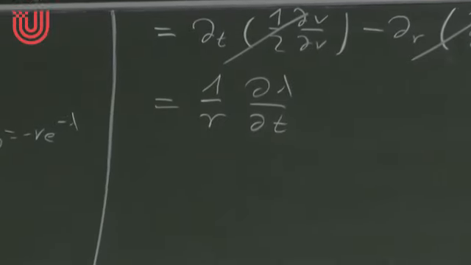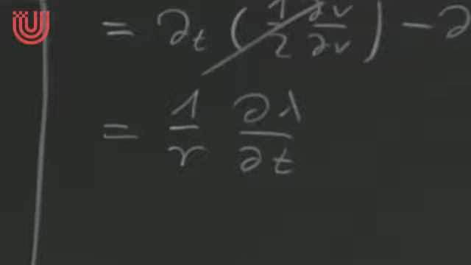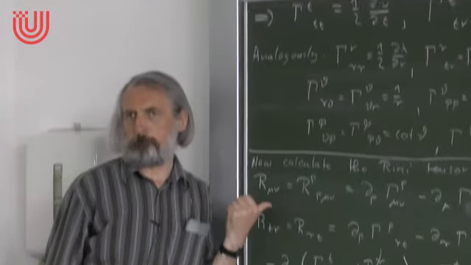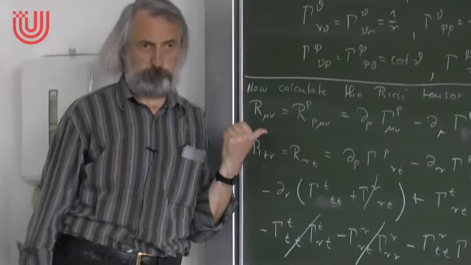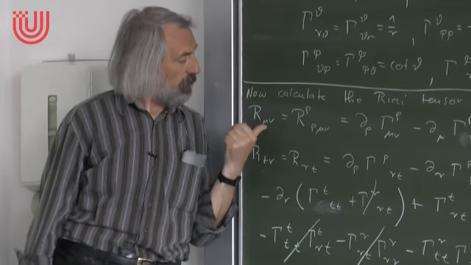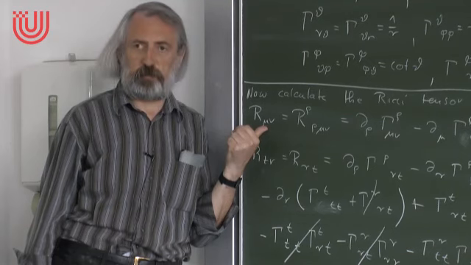And in this way, now you have to calculate all the other components. How many components has a Ricci tensor? 10, yes. Each index takes 4 values, so this would give 16, right? But it's symmetric.